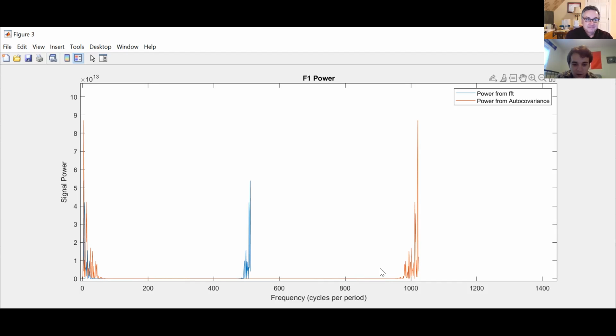Okay. So this one should just be frequencies. That's right, because that's the one from the power squared. And this one is a Fourier transform of the lag. What would be the units of the Fourier transform of the autocovariance?